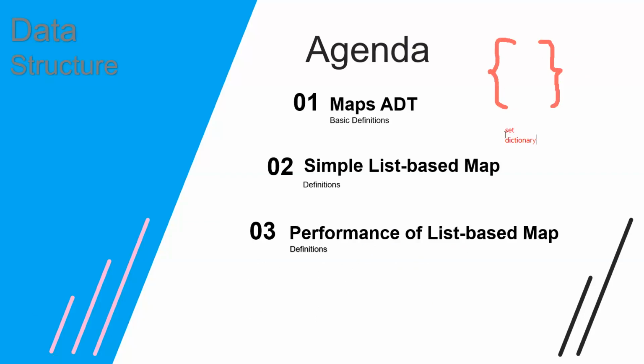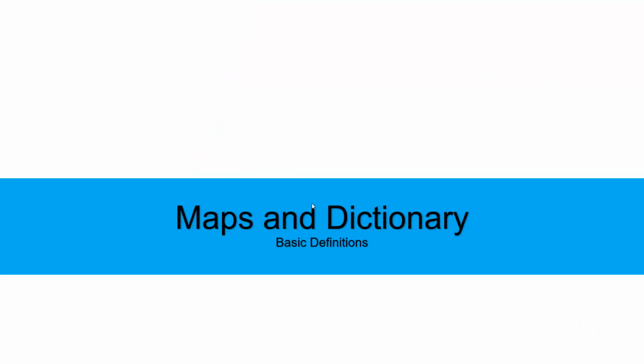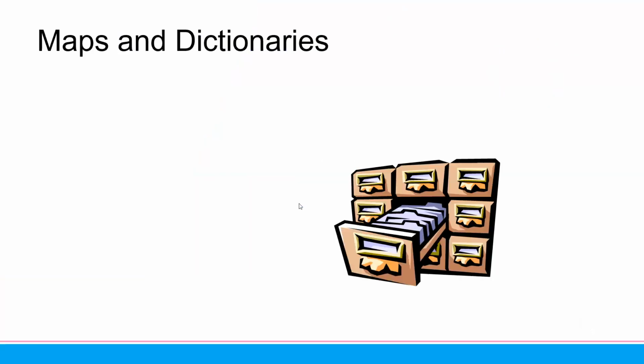Python has a very good data structure in dictionary. In other programming languages, they also have a structure like dictionary, and usually they use the terminology map. So let's see what is map and what is dictionary.